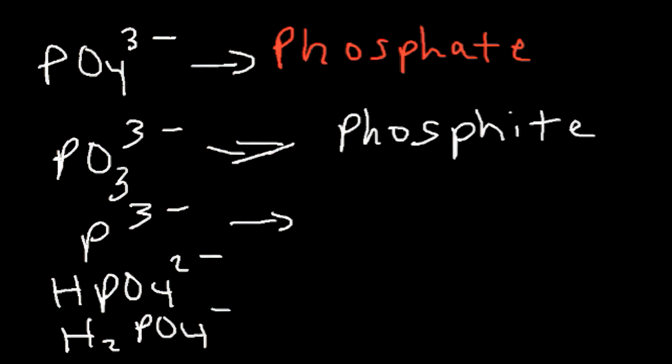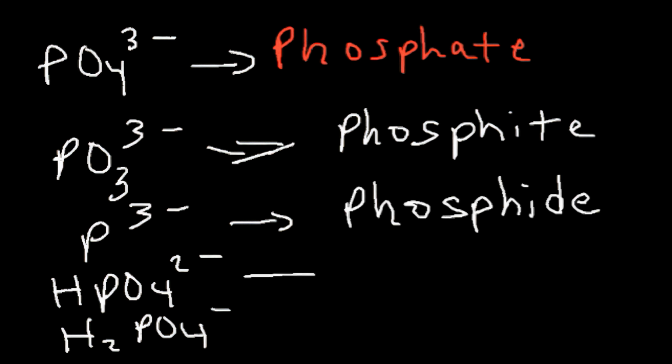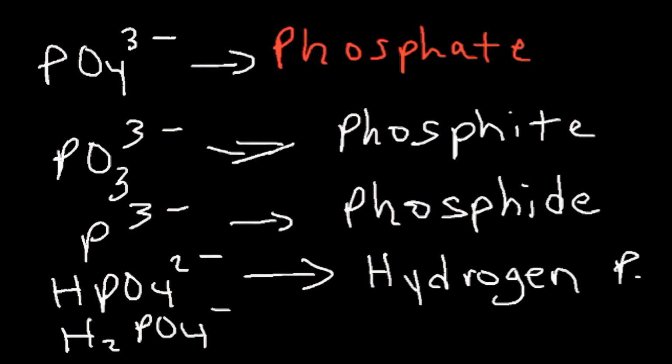P3 minus, this is phosphide with the IDE ending. HPO4 2 minus, this is hydrogen phosphate. H2PO4 minus is dihydrogen phosphate.